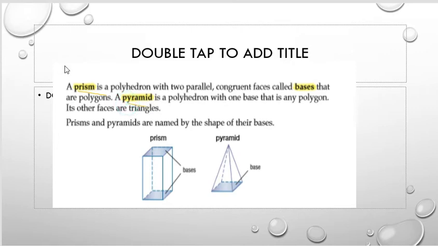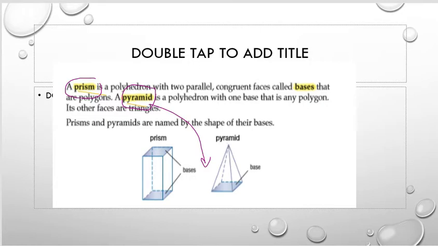When you talk about a prism, you're talking about a figure with two bases and they are parallel, meaning if you extend them, they will not intersect at a certain point. A pyramid has only one base. The base could also be a triangle, so there are a lot of types of pyramid.